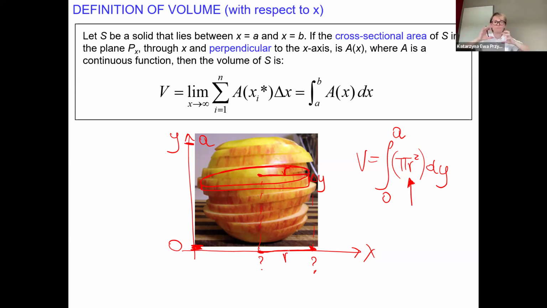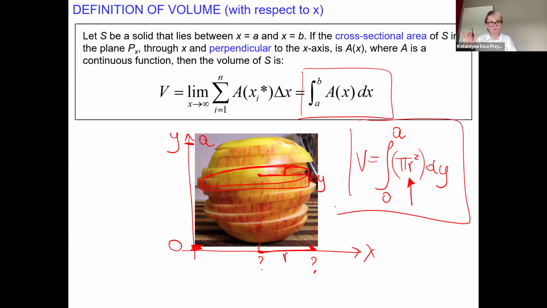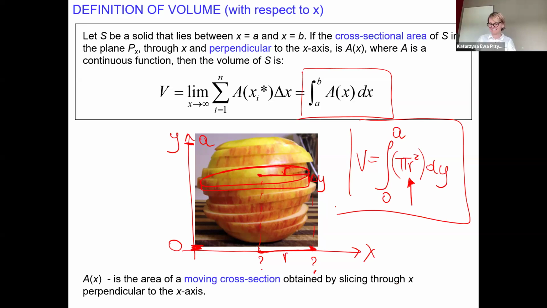We know the shape, we know the formula for the area, but we still have to rewrite it in terms of that particular variable, in this situation y. This is still good, but we have to be careful which variables we're looking at. That's it, just integrating the cross-sectional area.